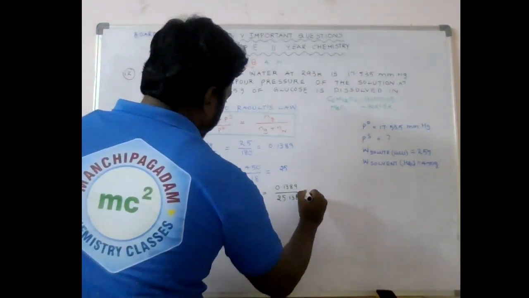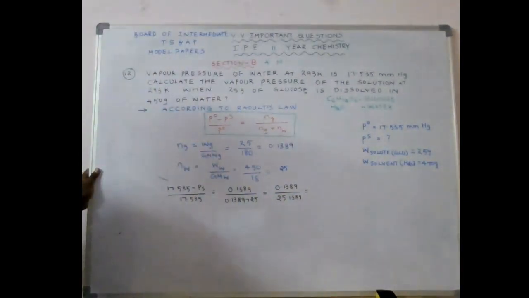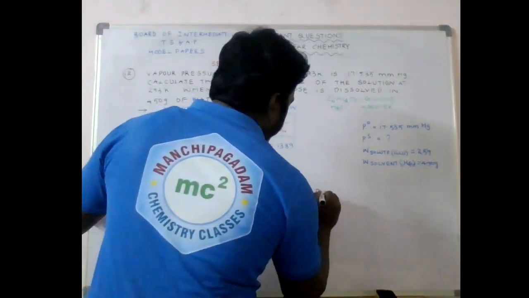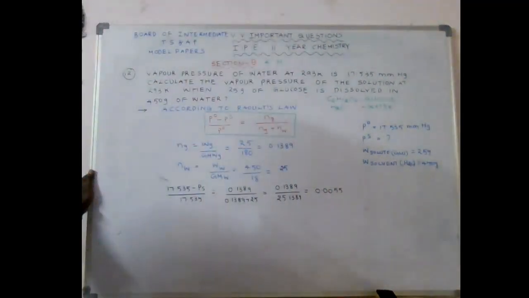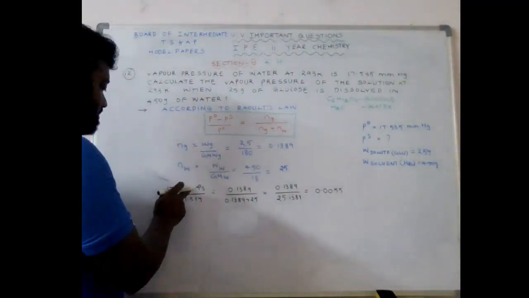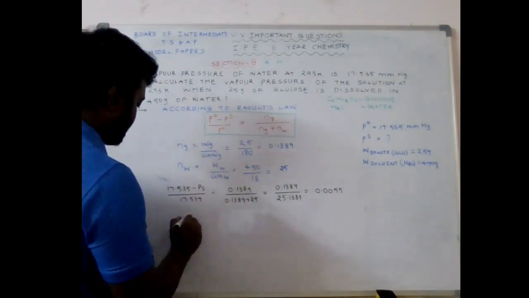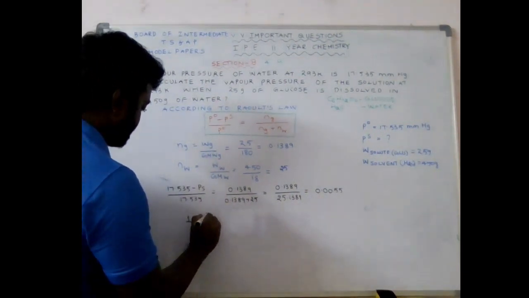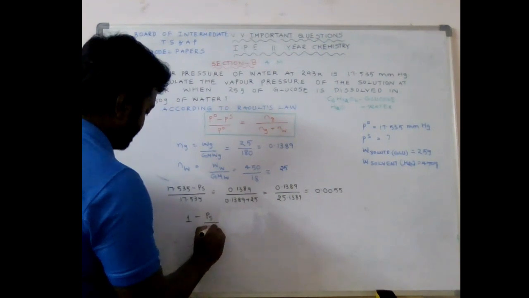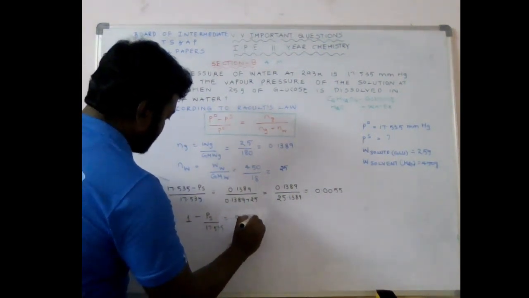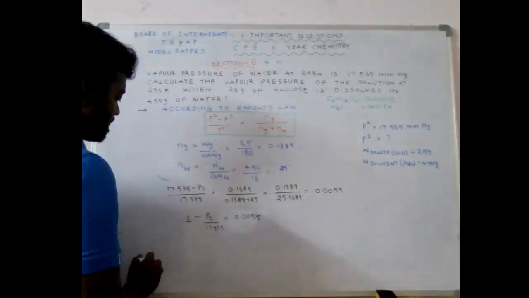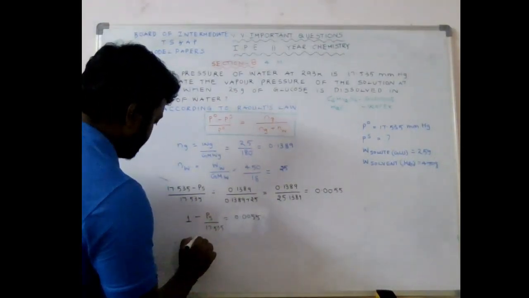This will give the value 0.0055, a nearer value. So 1 minus PS by 17.535 is equal to 0.0055.